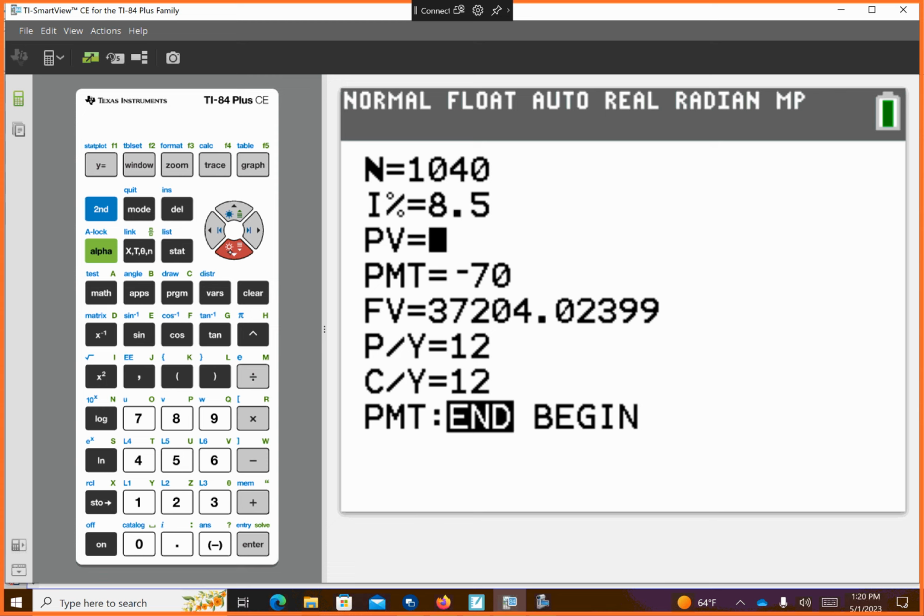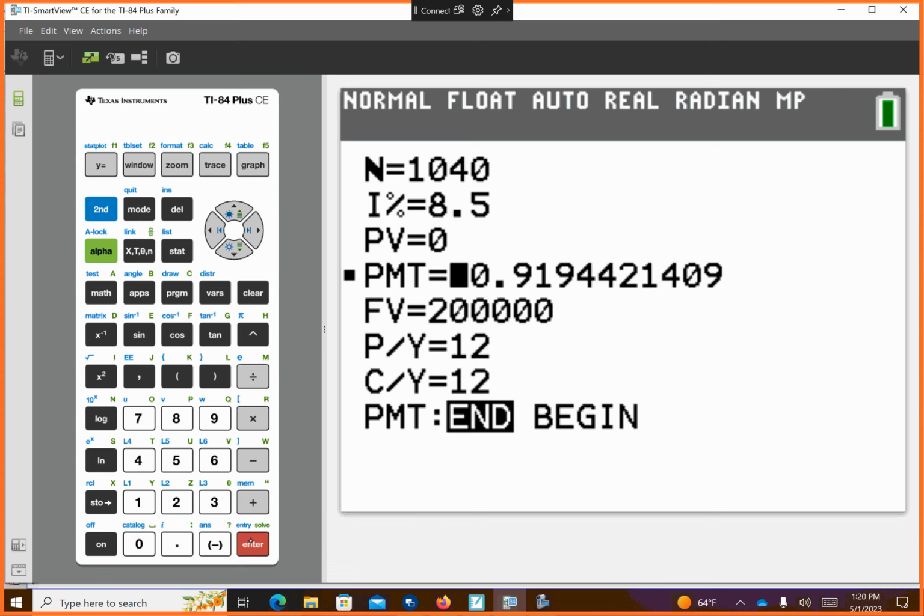We don't know how much our payment's going to be. Our previous value, we started with nothing. We're going to start making payments, but I know I want to get my amount to $200,000. Okay, how much is each payment going to be? So I'm going to go up to the payment. I'm going to hit alpha solve.